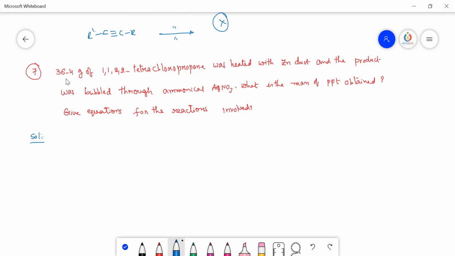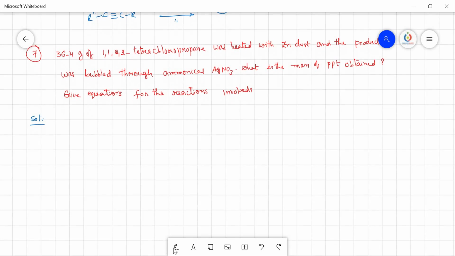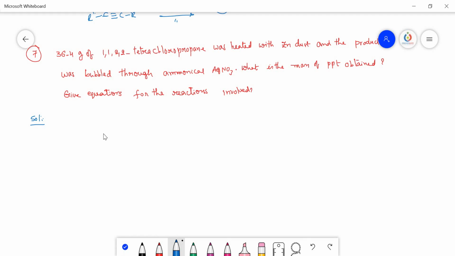The given question is: 36.4 grams of 1,1,2,2 tetrachloropropane was heated with zinc dust and the product was bubbled through ammoniacal silver nitrate. First of all, we will write down the structure of 1,1,2,2 tetrachloropropane.